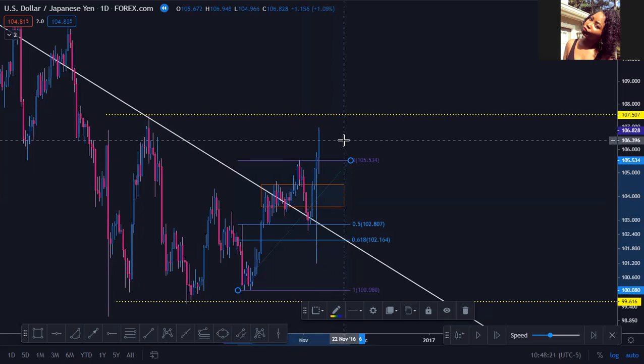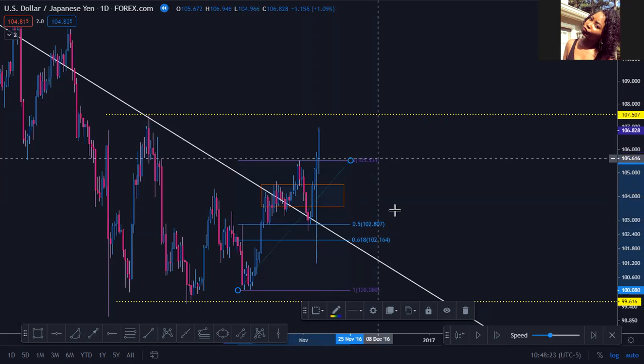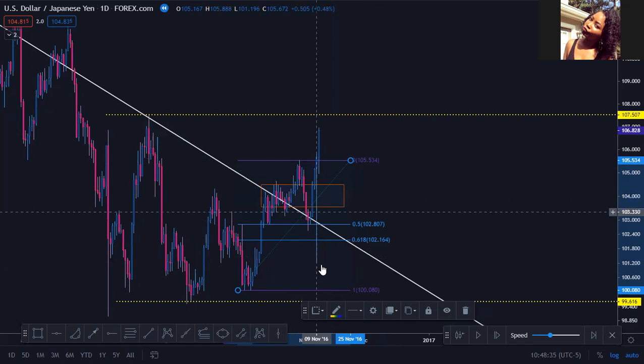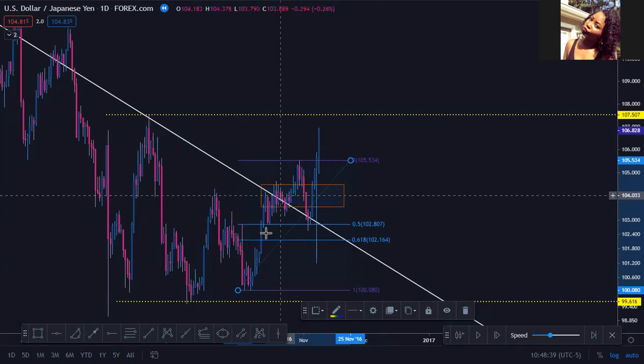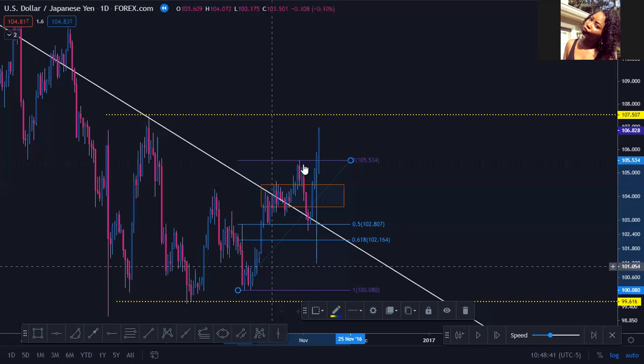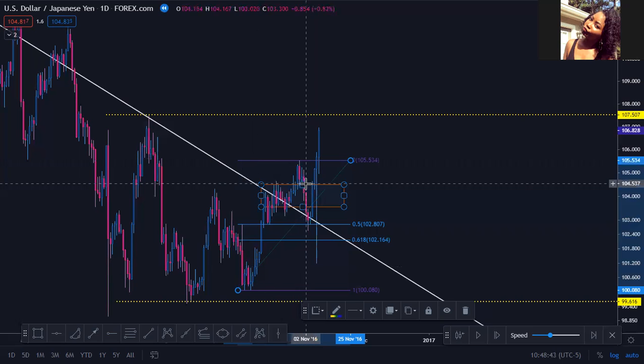It bounced off of that level, right? And then it came back to retest. It had more of a deeper retracement from the high back down to the low. You understand? So from the low to the high, price pulled back to come back down to the low.